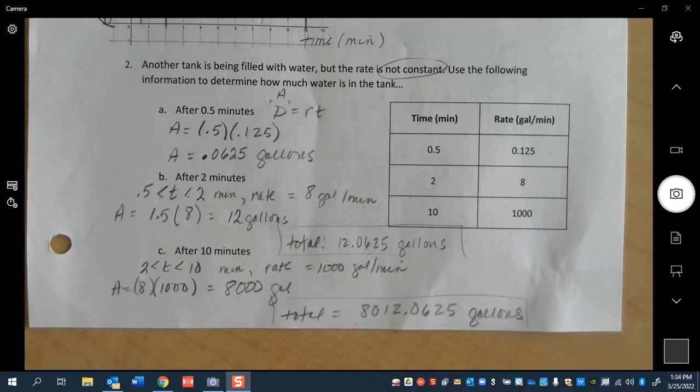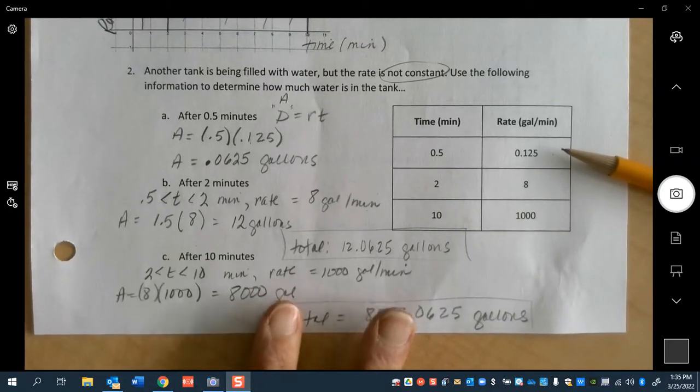When I look at my second minute, my rate is now at 8 gallons per minute. You're like, oh, snap, somebody must have turned it up, because now all of a sudden the water's coming in a whole lot faster. But it wasn't this rate back at this time. It was not 8 gallons per minute at this time.